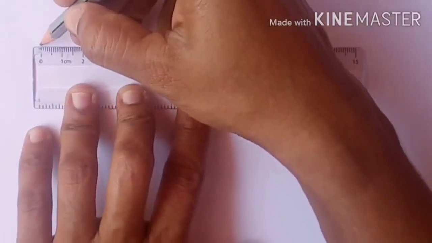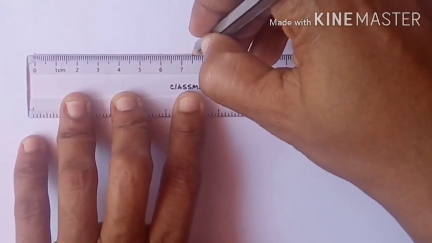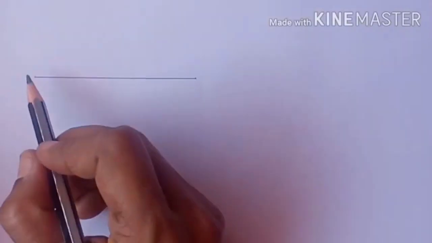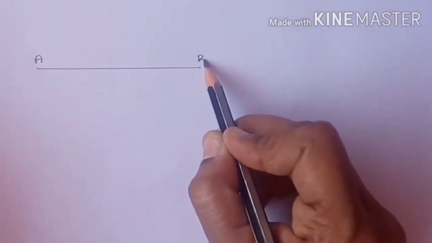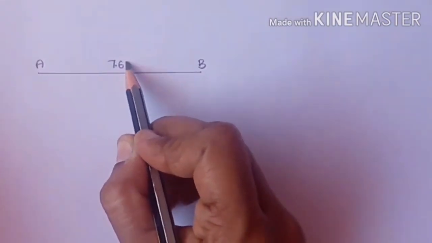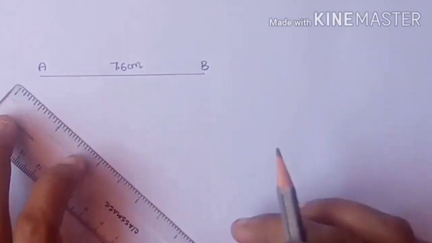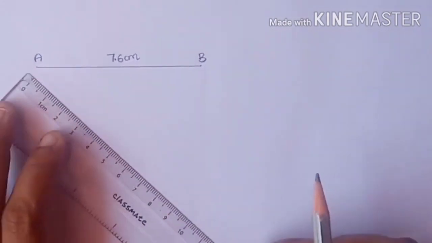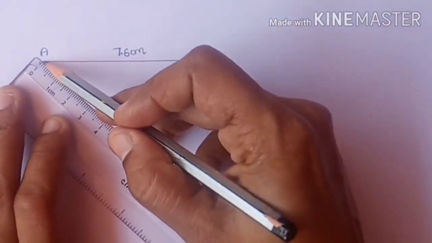Using your ruler, draw a line segment of length 7.6 centimeters. Label it as A and B. Draw a ray AX which makes an acute angle with the line segment AB.